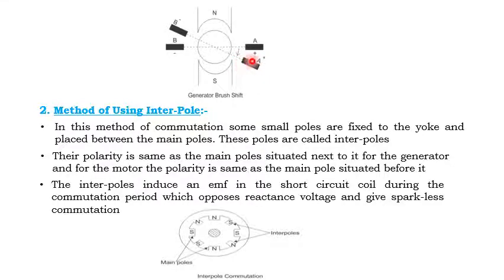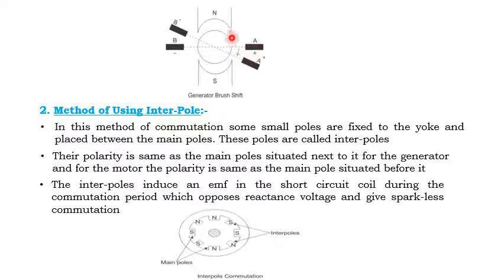This induced EMF is in opposition to the EMF induced by the main pole. That is called the reversing EMF, and this reversing EMF neutralizes the reactance voltage.